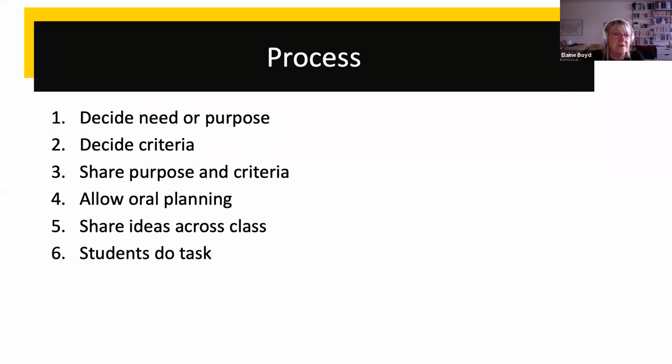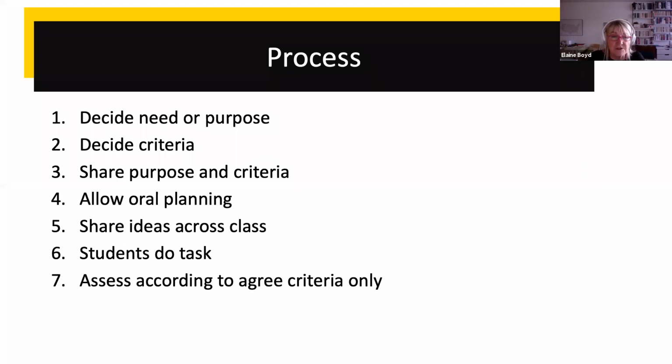Then you would ask the students to do the task, whether that's in class, at home, whatever. And this is for teachers: only assess according to what you agreed in number 2. Don't try to add in other things at the last minute. As some of you have said, we've discussed this before, some may copy others. Young students learn by copying, until they're about 7 or 8.